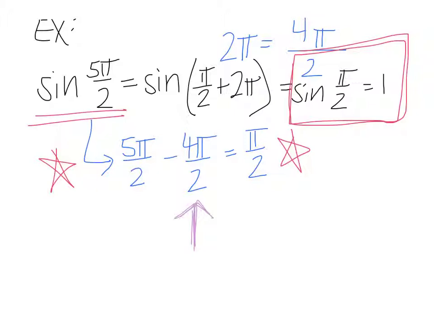So how exactly did I get from 2 pi to 4 pi over 2? You just multiplied both sides by 2. Yeah, okay. If my denominator was 2, and I wanted something equal to 2 pi, I take my denominator times 2. 2 times 2 is 4, so I had 4 pi over 2. Okay, that's going to come in handy.